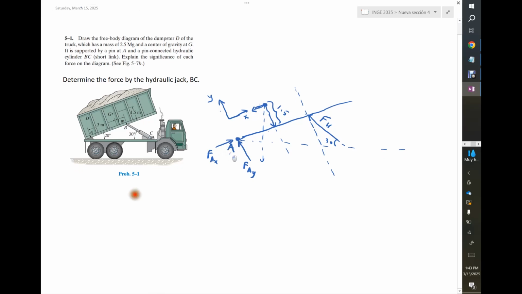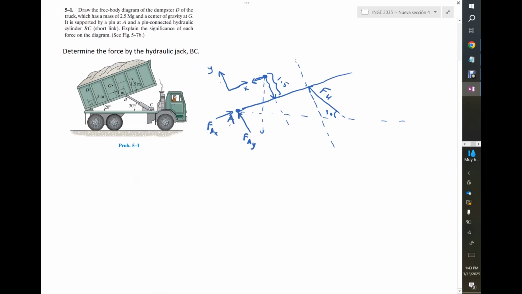Now we need to break the force G into two components: the one that is perpendicular here, and the G component that is parallel to this line as well.